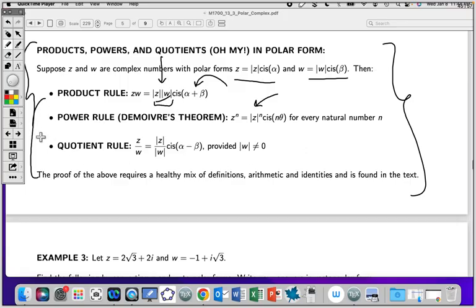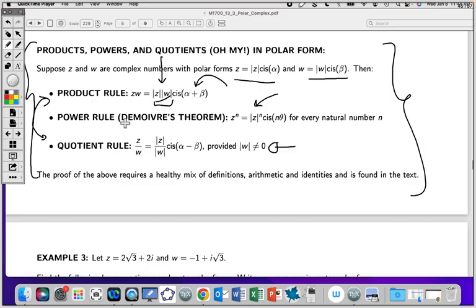Now the quotient rule: remember division is sort of the opposite of multiplication. So for the quotient rule, we're going to divide the moduli. Instead of adding the angles, we're going to subtract, alpha minus beta. And of course, we can divide by any two numbers as long as they're not 0.